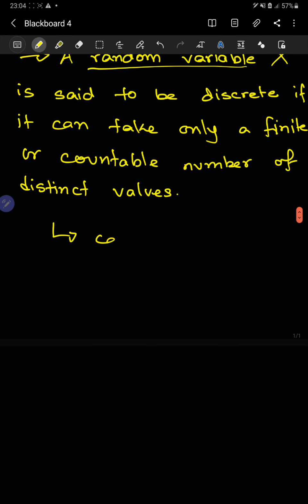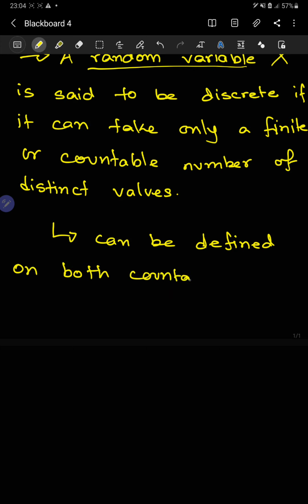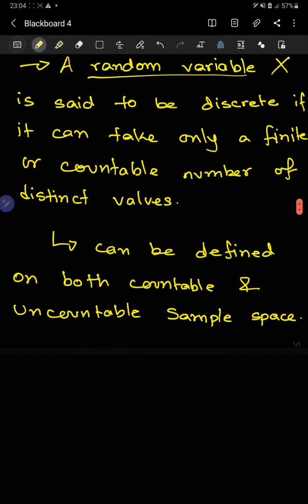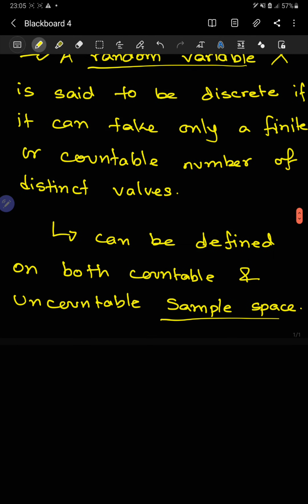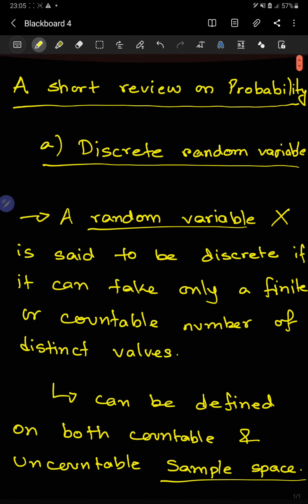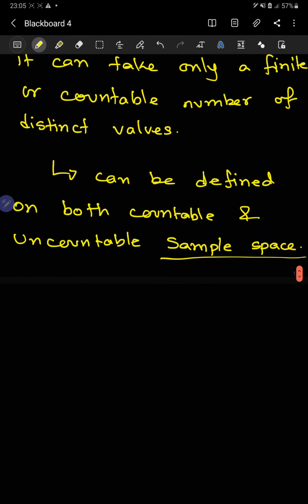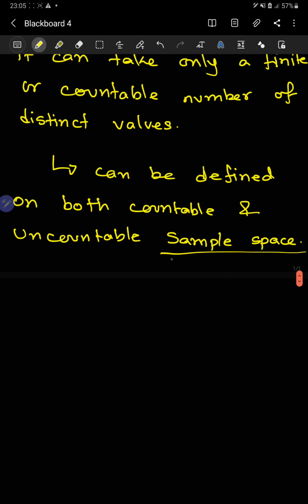That is, they can be defined on both countable and uncountable sample space. So today we'll give some definitions. It's good if you become used to the definitions, and a lot of you are familiar with this because most of you have taken a course on probability at say high school level or the university level.